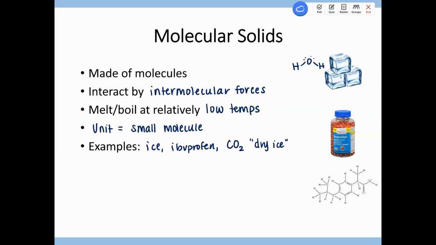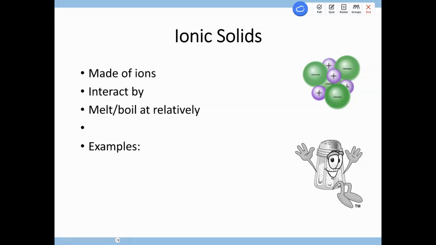So molecular solids are made of multiple molecules. Ionic solids are made of ions. These interact by ionic bonds. Remember that an ionic bond is the attraction of a negative ion, an anion, and a positive ion, or a cation.